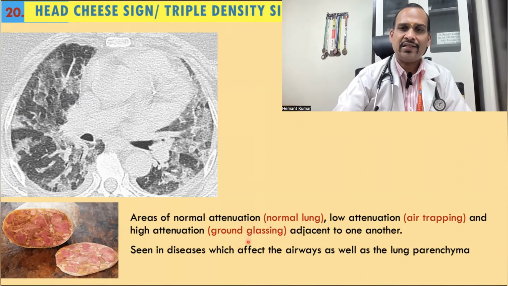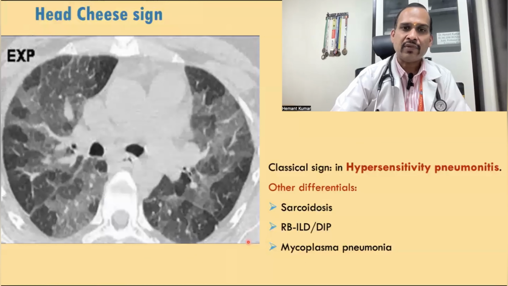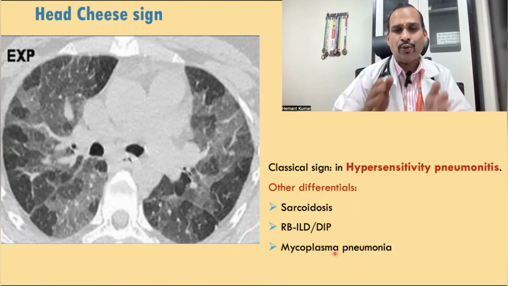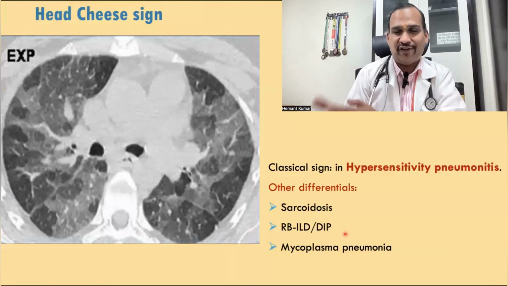This is classically seen in hypersensitivity pneumonitis. Other differential diagnoses are sarcoidosis, RB-ILD, and mycoplasma pneumonia. How to differentiate between hypersensitivity pneumonitis and other diseases? We have to get an expiratory film.